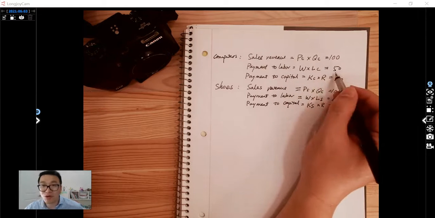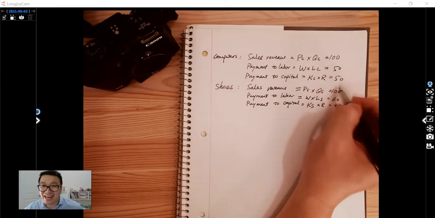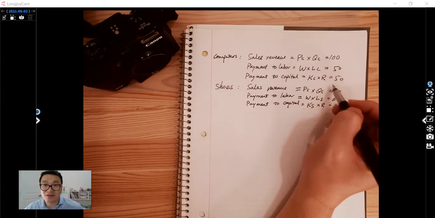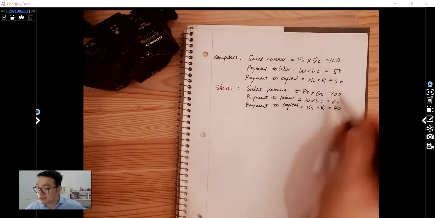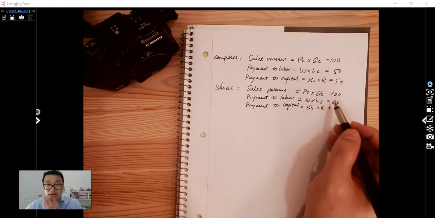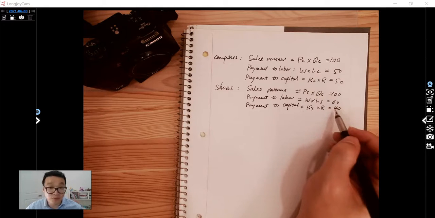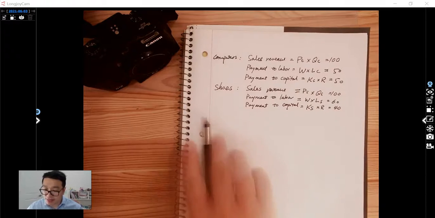So that equals the money spent producing it. There is no economic profit. This total revenue equals total cost, so profit will be zero. And so it is for the shoes industry: total revenue, $100, equals total cost of labor plus cost of capital, 60 plus 40, which is the total cost.